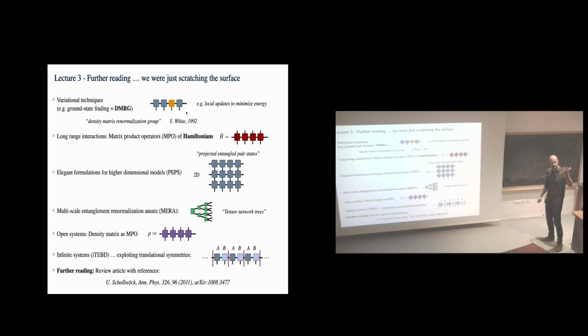Right? So in a way, it's possible, but it's just not the most efficient way. It's just because this MPS, the way it's written, is a one-dimensional concept, so it naturally fits one-dimensional systems.